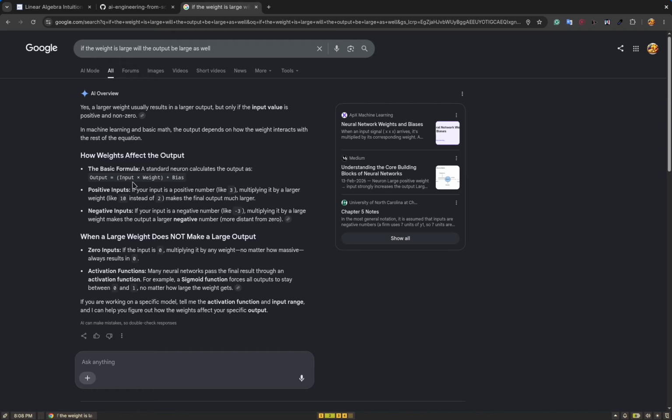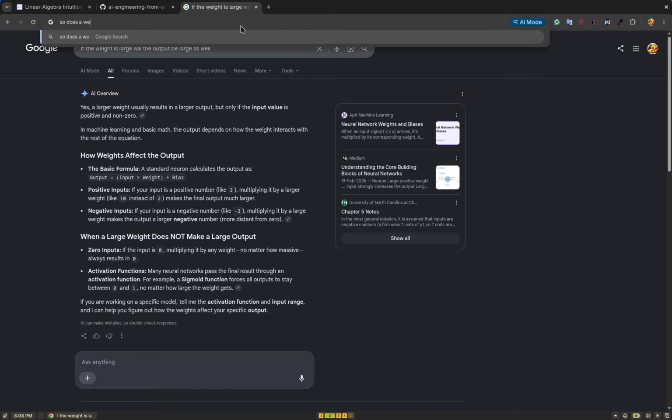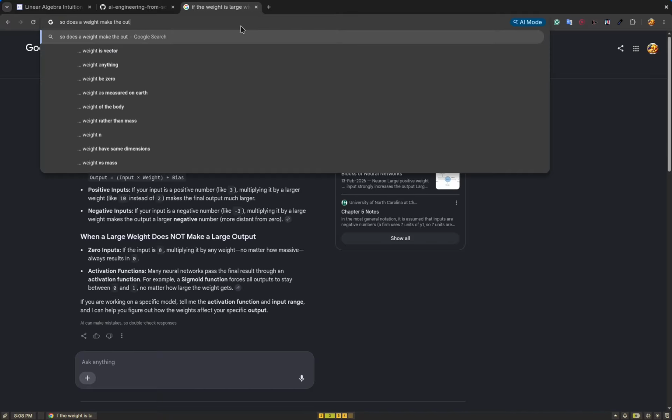So in this case, if the input is non-zero and large, the output will be large as well. With a negative value, multiplying by a large weight makes the output a larger negative number. So a weight basically makes the output stronger. So does a weight make the output even stronger?